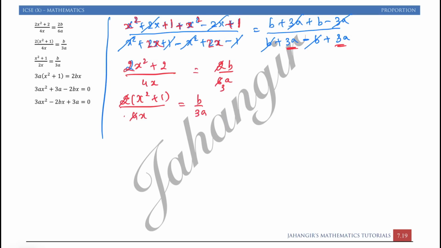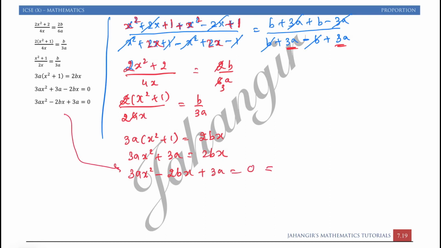This I can cancel. Now cross multiply, I can write 3a bracket x square plus 1 is equal to 2bx. So 3ax square plus 3a is equal to 2bx. 2bx you can shift inside. Is equal to 0. See, this is the same pattern that we want.